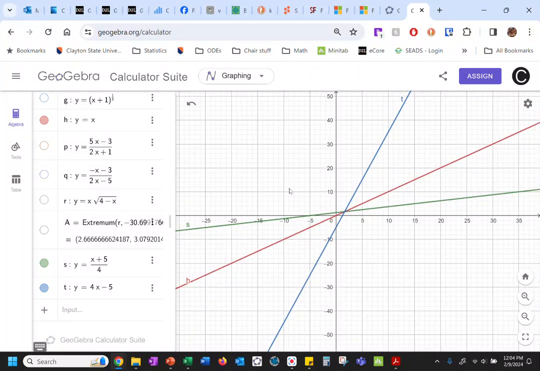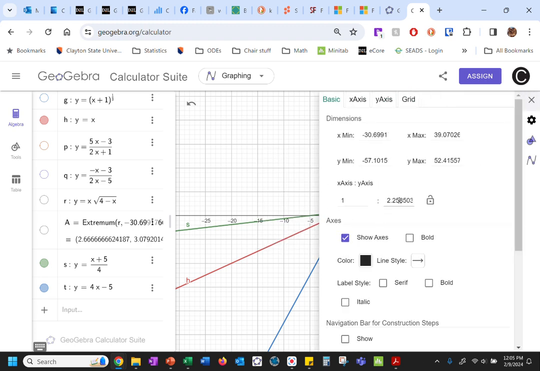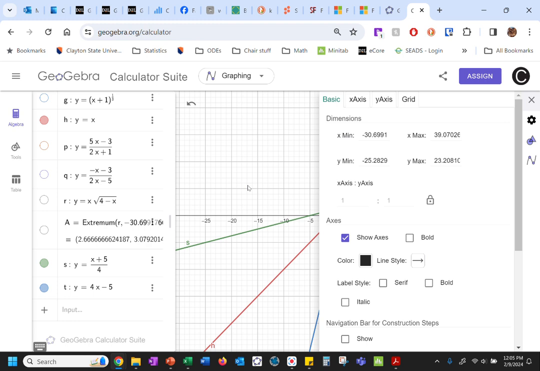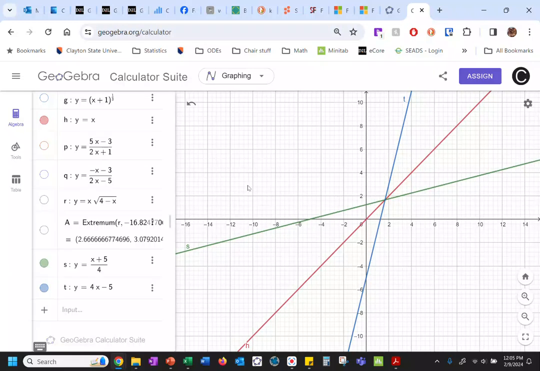Now we're not 1-to-1. These don't look like they're reflections of each other anymore, right? So if I go back to settings, I want this to be 1-to-1, and we are going to lock that. And there we go. Now we're back to it looking like they're actually reflections.